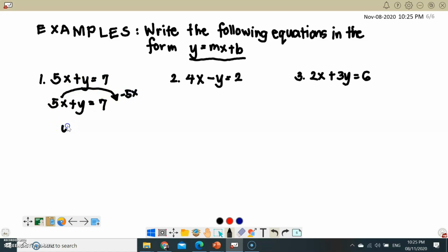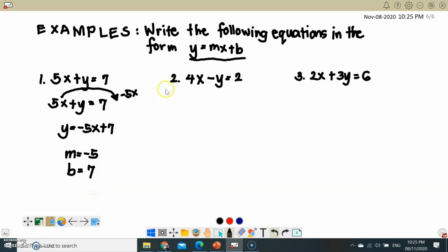So we now have y is equal to negative 5x plus 7. It is already transformed into slope-intercept form. Now let's identify the slope. The slope here is negative 5, and the y-intercept is equal to positive 7.